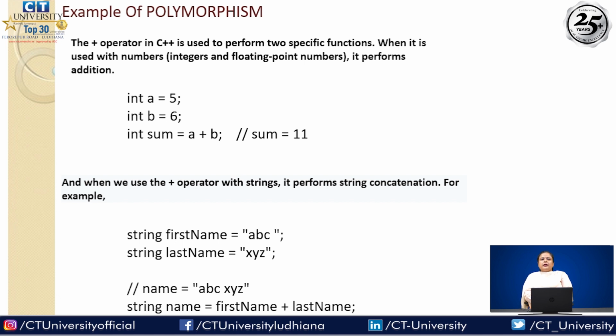If I write C equals Kanika plus Handa, at that time it uses the concatenate operator, concatenating the two strings. So we have only one operator, the addition operator, but it performs in different situations. This is basically polymorphism. One operator behaves differently based on the situation in which it is used.